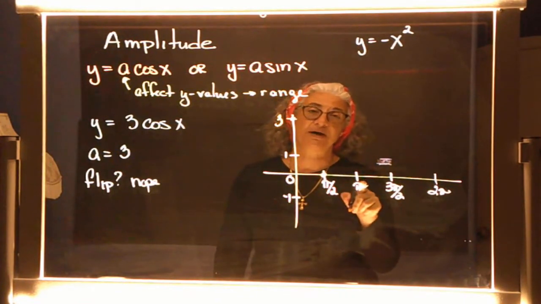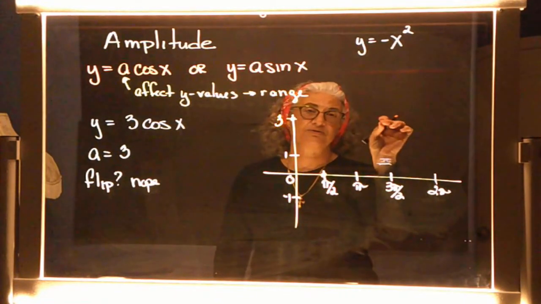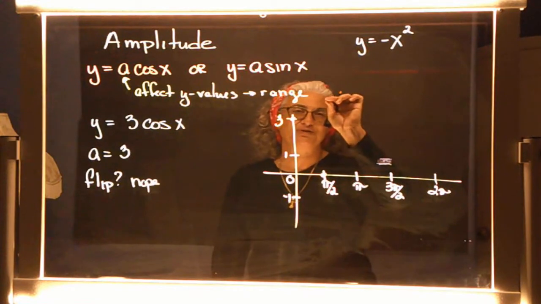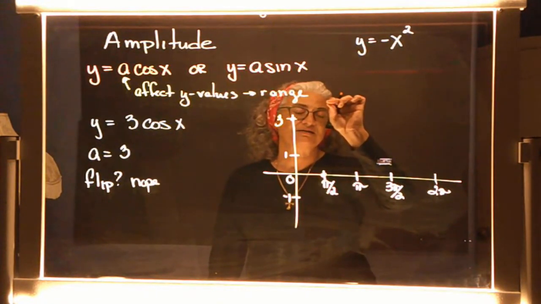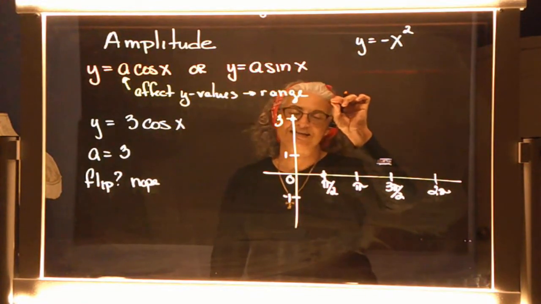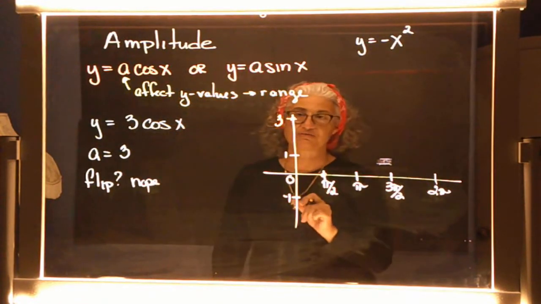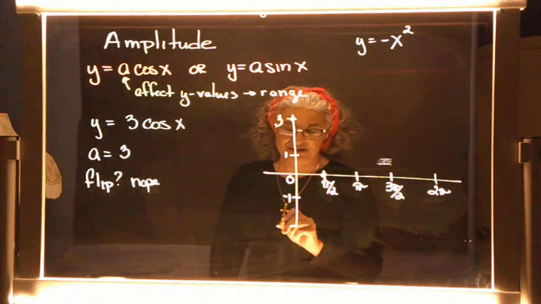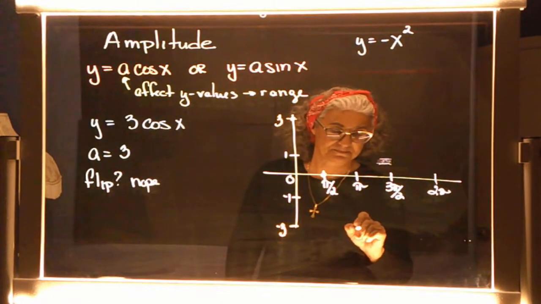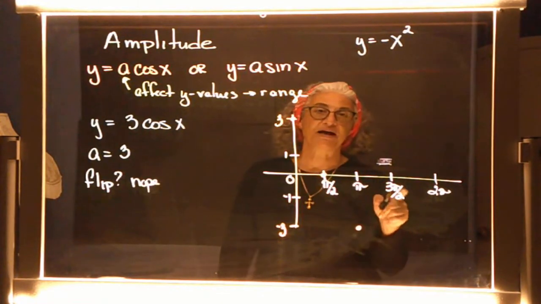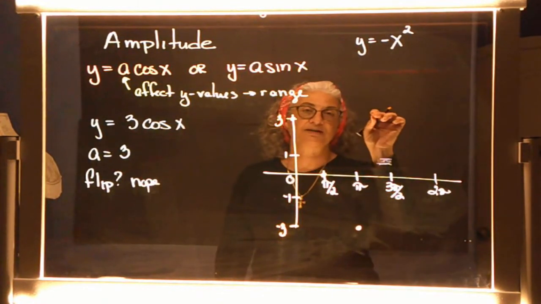And then we're moving to pi. Remember, that's over here on the unit circle. And since you're talking cosine, you're talking about the x-coordinate, which is -1. But then you've got to multiply it by 3, don't you? Which gives you -3. Okay. At 3 pi over 2, remember that's the one down here.